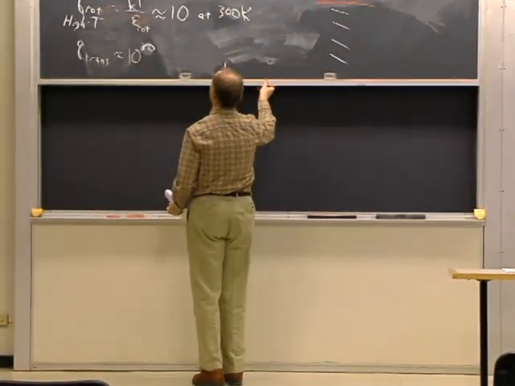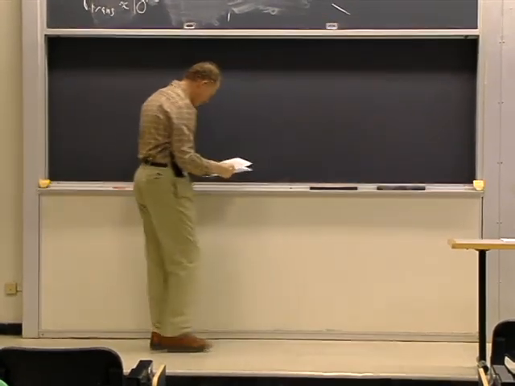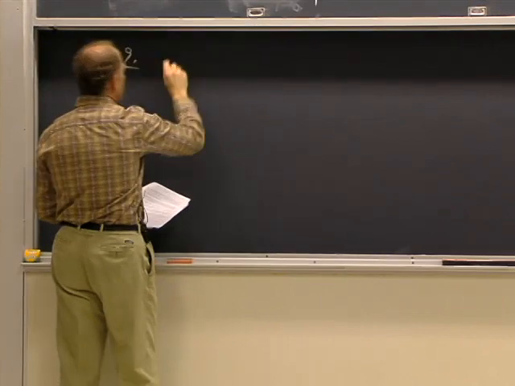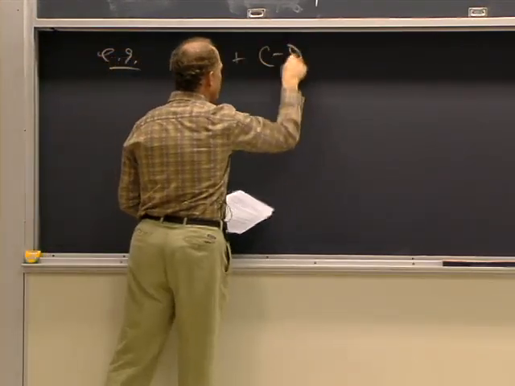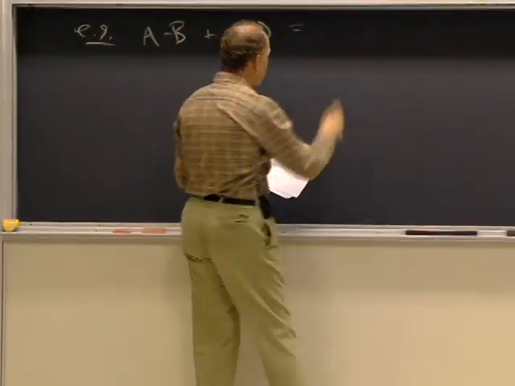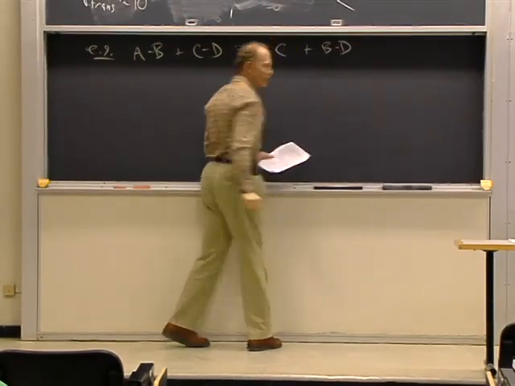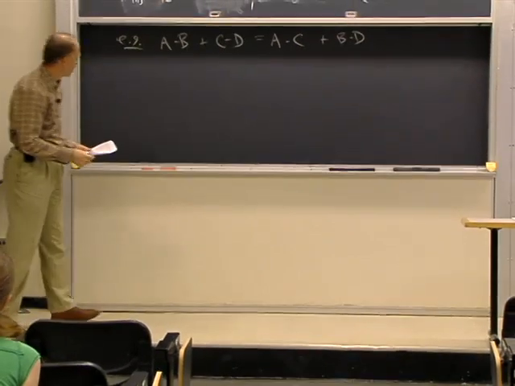It's not a great complication if we don't do that, but it's a little bit simpler. So let's take a molecule that's AB plus CD, and now let's break bonds and reform them. So we get AC plus BD, right? So we're going to do something simple.